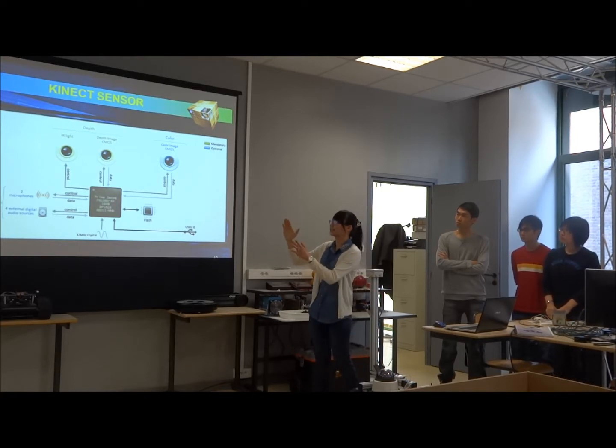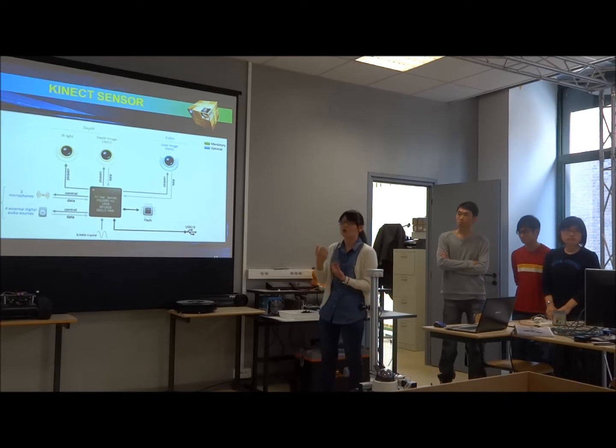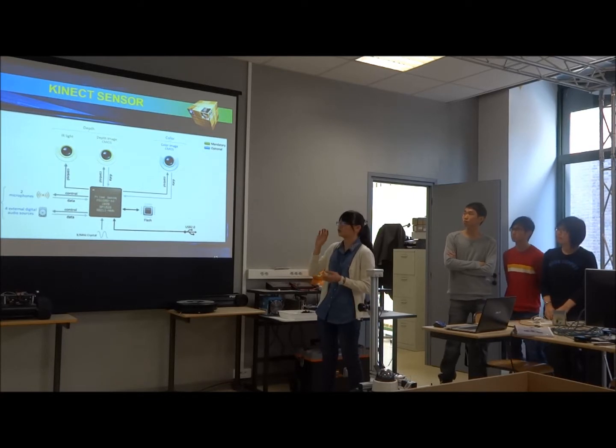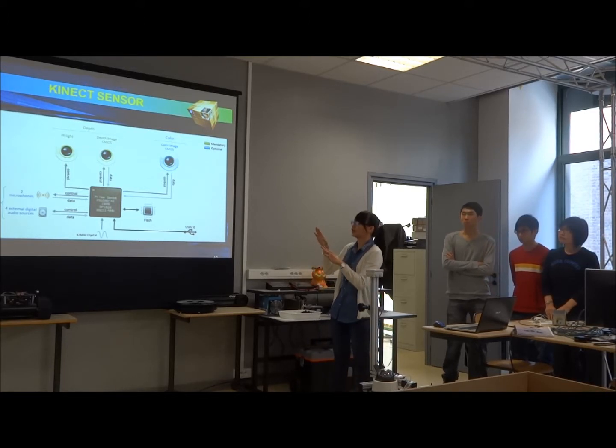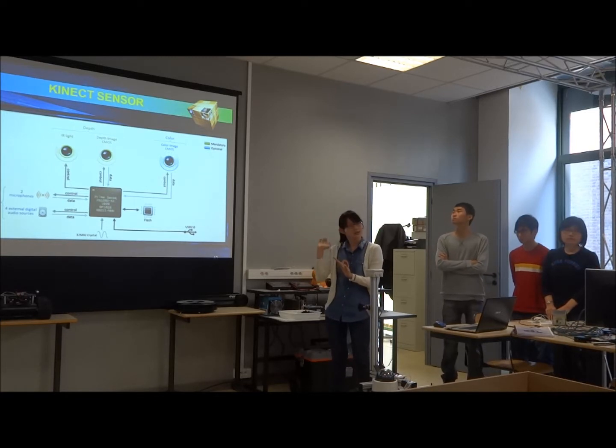Actually, the depth sensors is to collect the data for the depth informations, and the color camera is to capture the RGB image, which RGB stands for red, green, blue. So by combinations of the depth informations and the color image, later on it can produce the depth map.